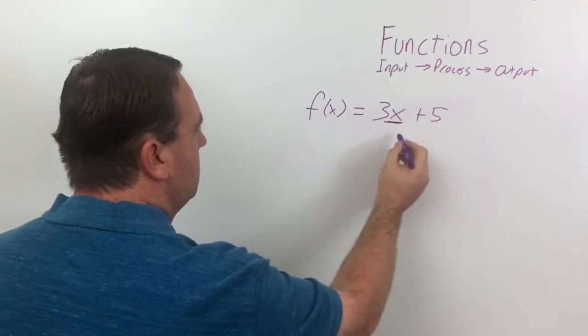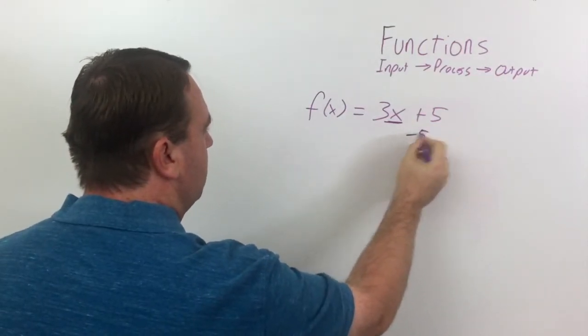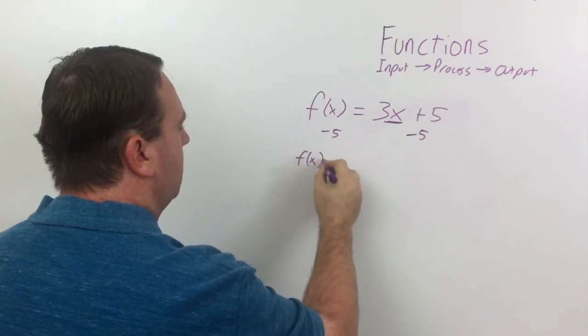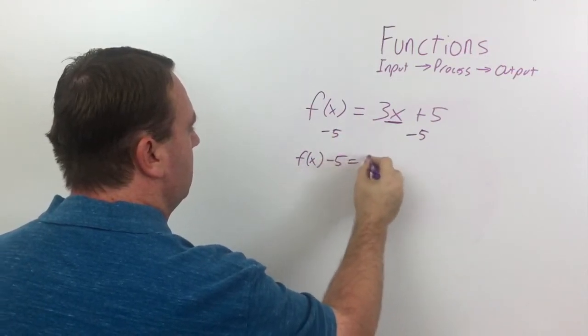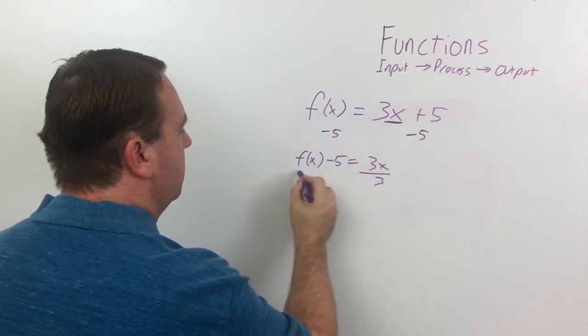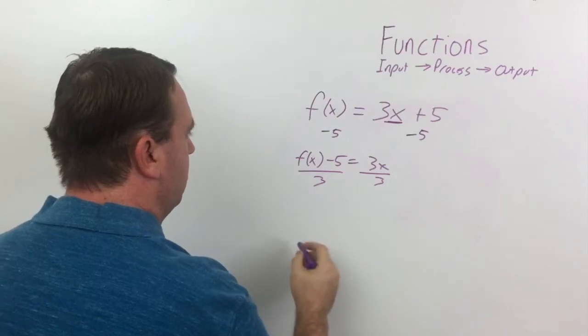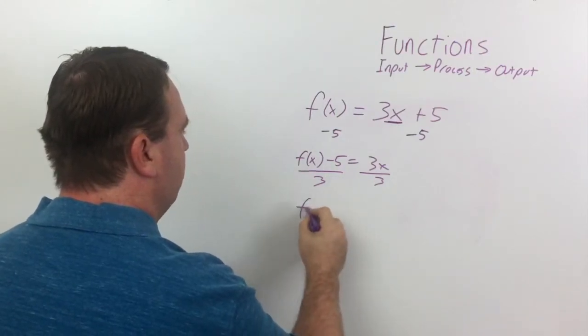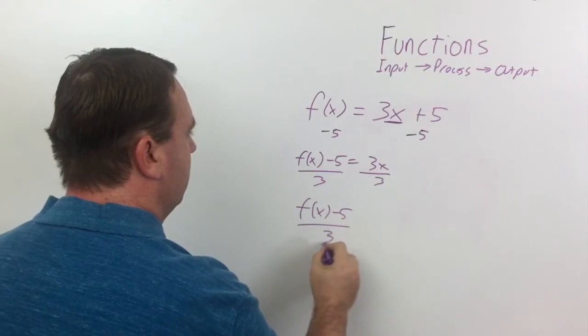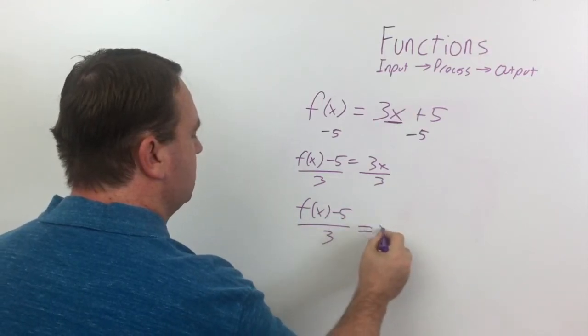So what we can do is subtract 5 from both sides, and then divide both sides by 3. This will get us f of x minus 5 over 3 equals x.